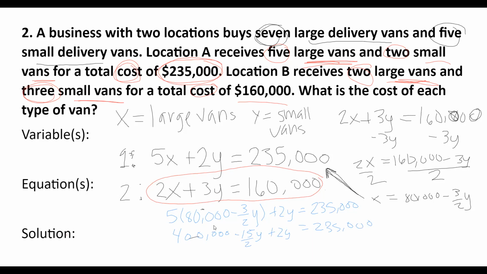Remember, if I'm writing, you're writing too. So I have 400,000 minus 15y over 2 plus 2y equals 235,000. So let's simplify our like terms. 400,000, and then negative 15 over 2y plus 2y. Use your calculators. I don't want you messing up on your math. So that's going to be a negative 11 over 2y.